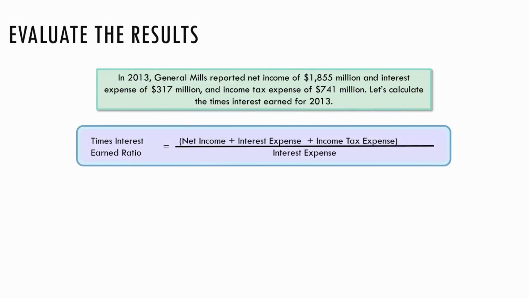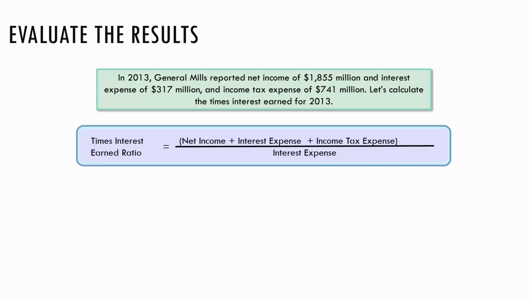General Mills also reported net income of $1,855,000,000 and interest expense of $317 million, income tax expense of $741 million, and we need to calculate times interest earned. What this does is it gives us an indication of the company's ability to cover their interest payments.